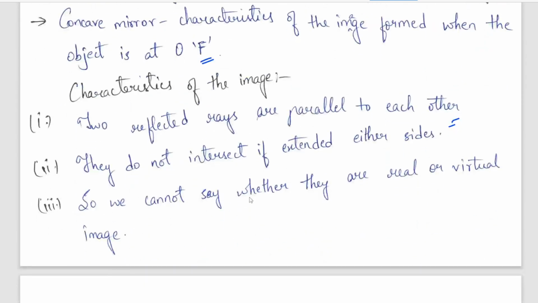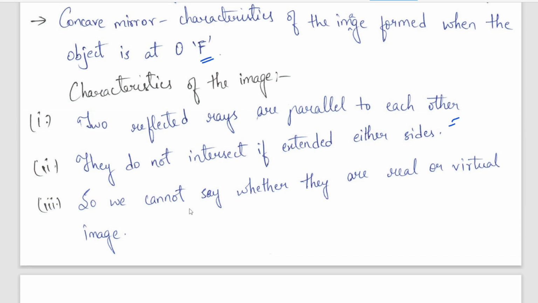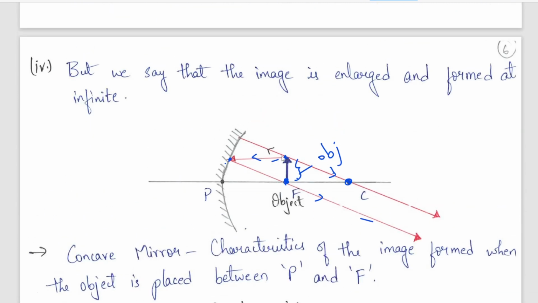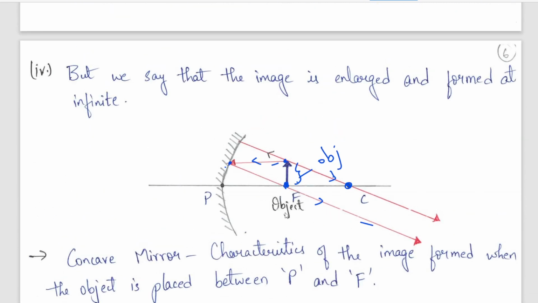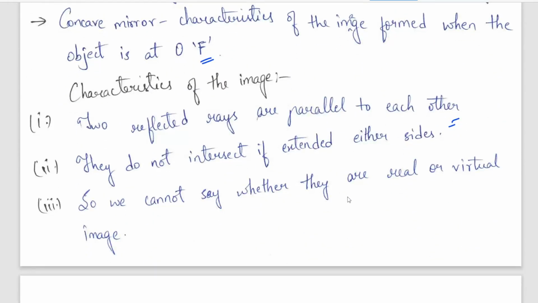The third one is, we cannot say whether they are real or virtual image. Yes, so here we are unable to get an intersect point, and we are unable to say whether the image is a real or virtual image. So real image in the sense it can be seen on the screen, and virtual image cannot be obtained on a screen.